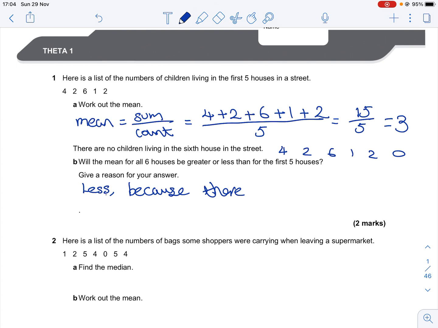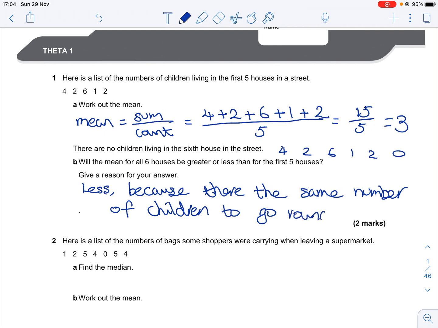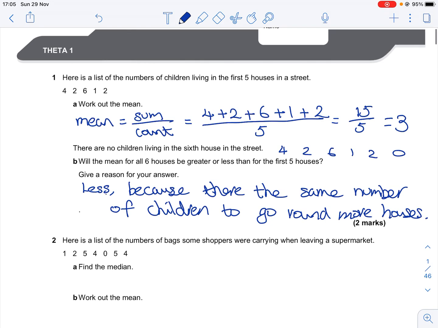Again, you could say that the sum is 15 divided by the count, which is 6.